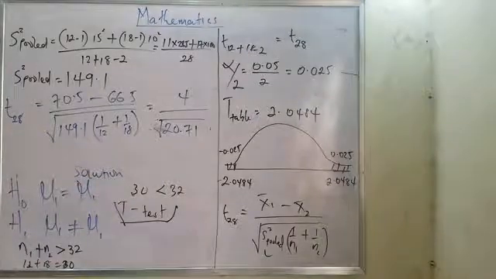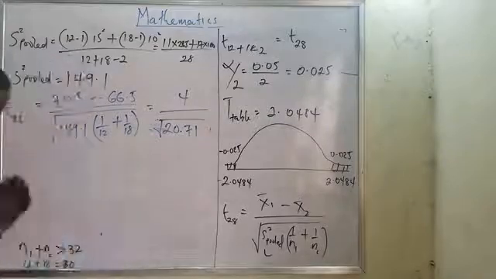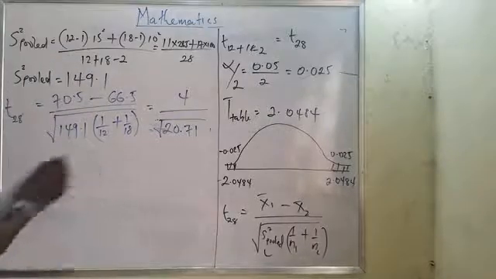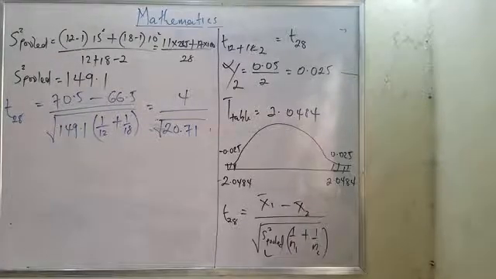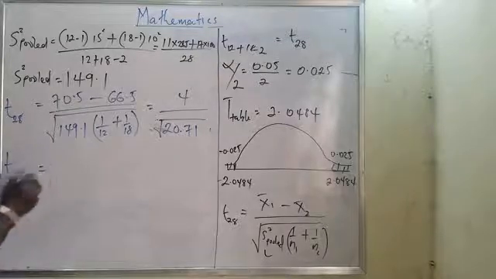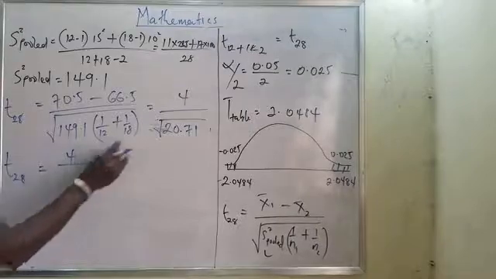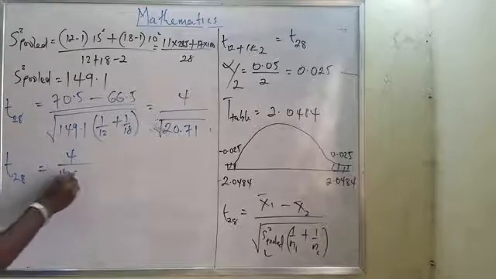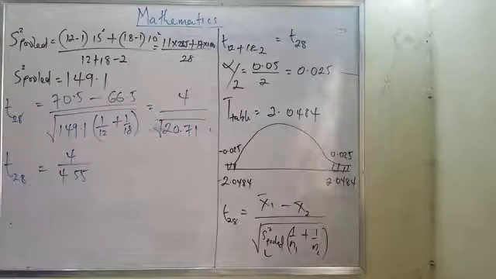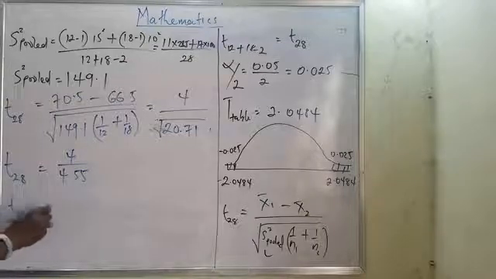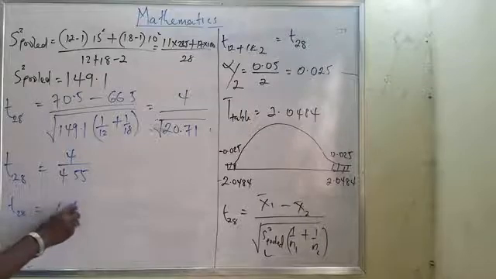Let me repeat this. On the calculator, that is 4 all over the root of this number, 4.55. Now, it means my calculated value is 0.88.